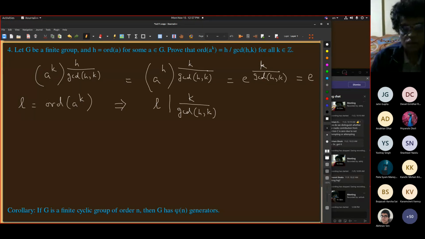We can only show that L divides H upon GCD(H,K). Now, I use this: (A power K) power L is also E.